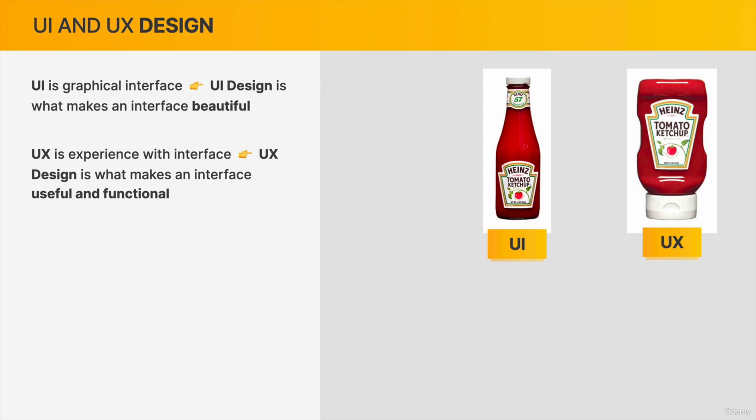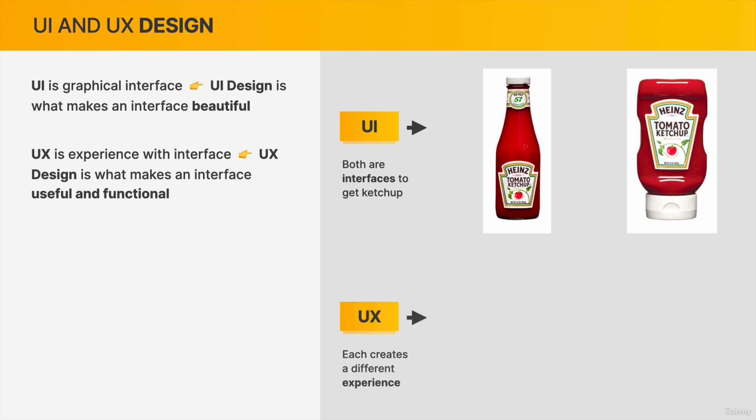However, if we actually think about it, this analogy doesn't make a lot of sense. Because in reality, both of these models can actually be called a user interface, because they're both interfaces for the user to get some ketchup, right? They do, however, create completely different experiences.